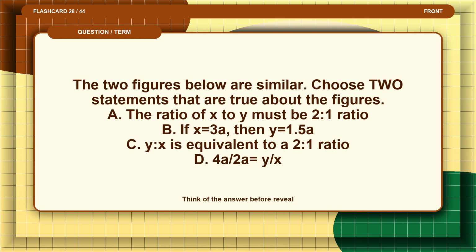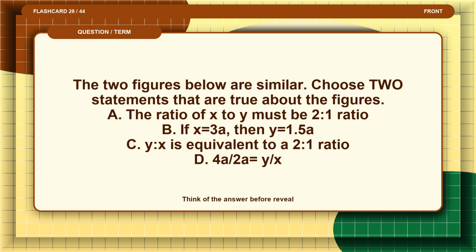Flashcard 28. The two figures below are similar. Choose two statements that are true about the figures. A. The ratio of x to y must be 2:1. B. If x equals 3a, then y equals 1.5a. C. y:x is equivalent to a 2:1 ratio.